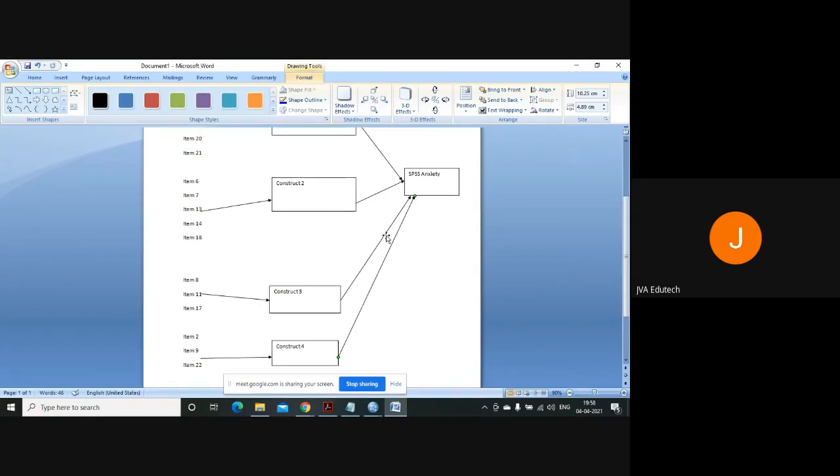And I have talked about how we choose the method: regression, Bartlett or Anderson-Rubin. First, the regression method produces scores that have a mean of 0 and variance equal to the squared multiple correlation. This will increase the correlation between the two scores, so it increases validity, but the scores can be somewhat biased.